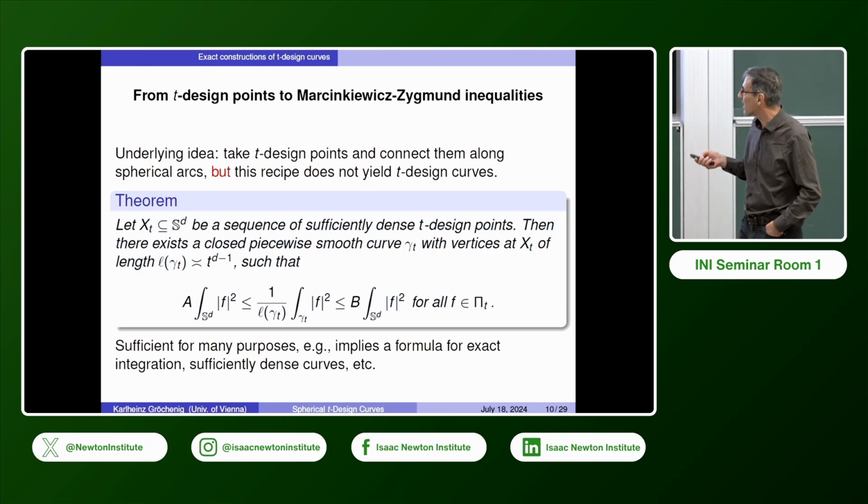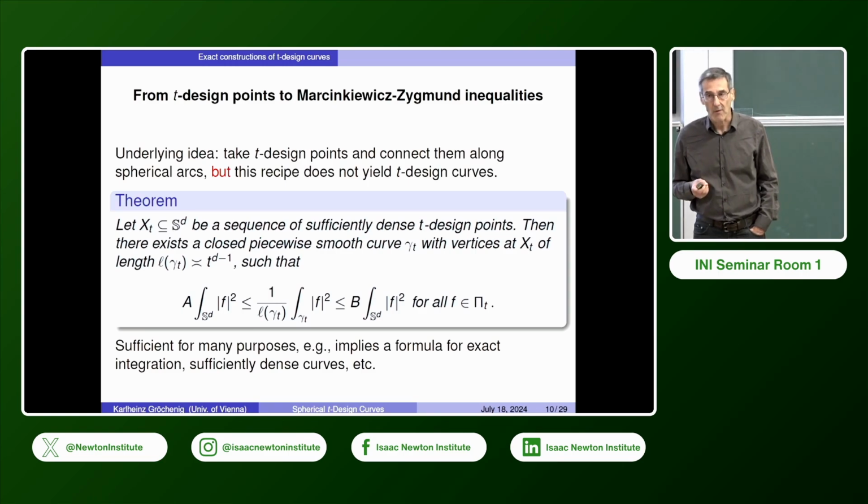I'll explain in a moment why t to the d minus 1, such that the averaged line integral, here in the 2 norm, is equivalent to the 2 norm of f over the full sphere for all polynomials of degree t.